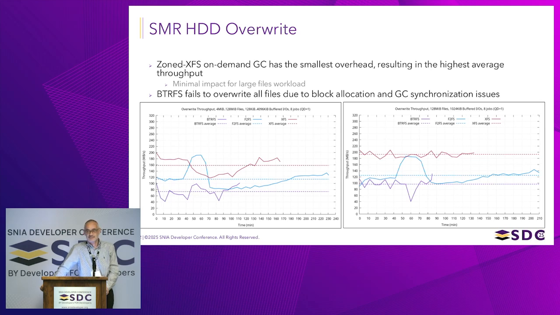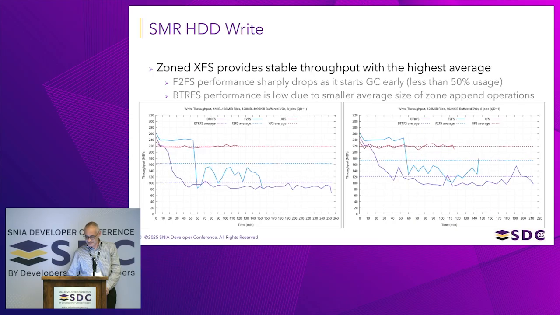Can we go to the slide that is not overwriting, but writing, for SMR drives? This one? Perhaps, yes. What was the SMR drive used for this? It's a 30 terabyte latest model SATA drive.